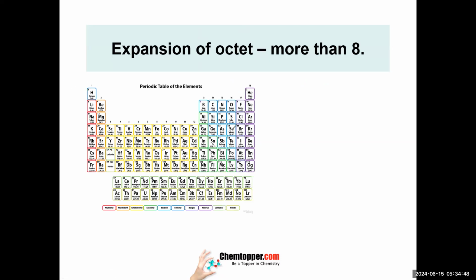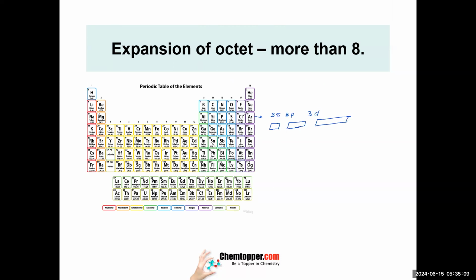Okay. If I go to period number 3, the outermost shell is 3s, 3p, and there is an empty 3d. So it can have electrons in the p as well as in the d.